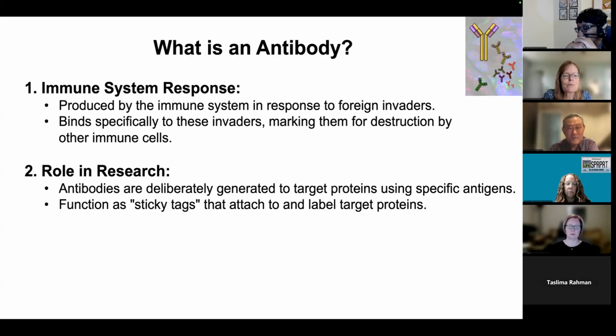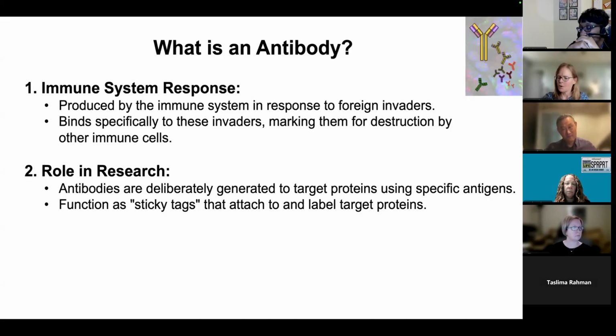Now, in research, we take advantage of that system, the idea of the body's response. We actually make the antibody, but not the way the body responds to an invader. We do that deliberately. We can trigger a rabbit to produce antibody if we inject, for example, a specific protein corresponding to the target, for example PKD1 or PC2.